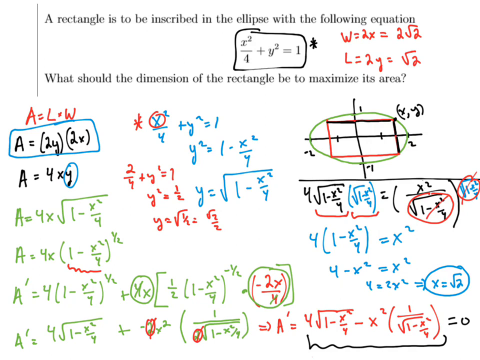So those are the dimensions we have for the width and the length of this rectangle. To find the area, we could just multiply these two together. So we get A is equal to 2 root 2 times root 2, which is going to come out to being 4. So there's all the information that we could be asked for with this question.